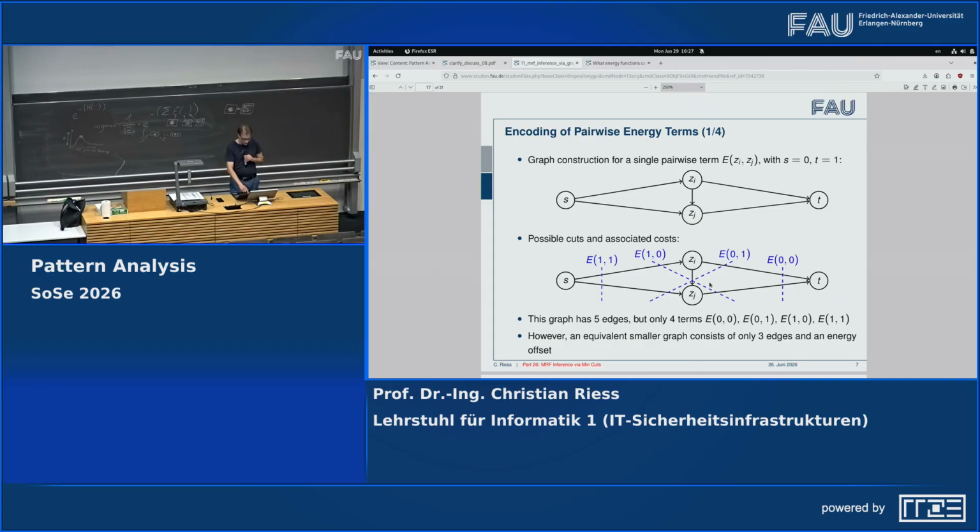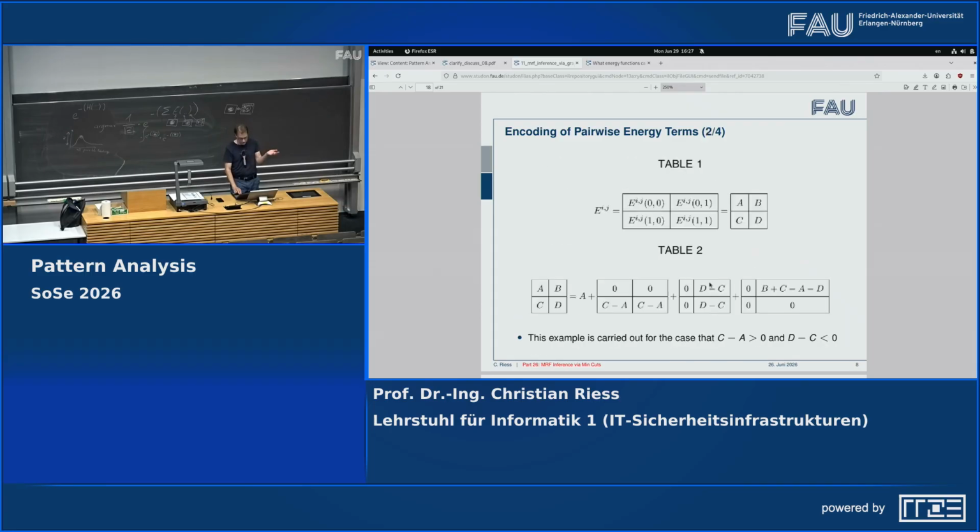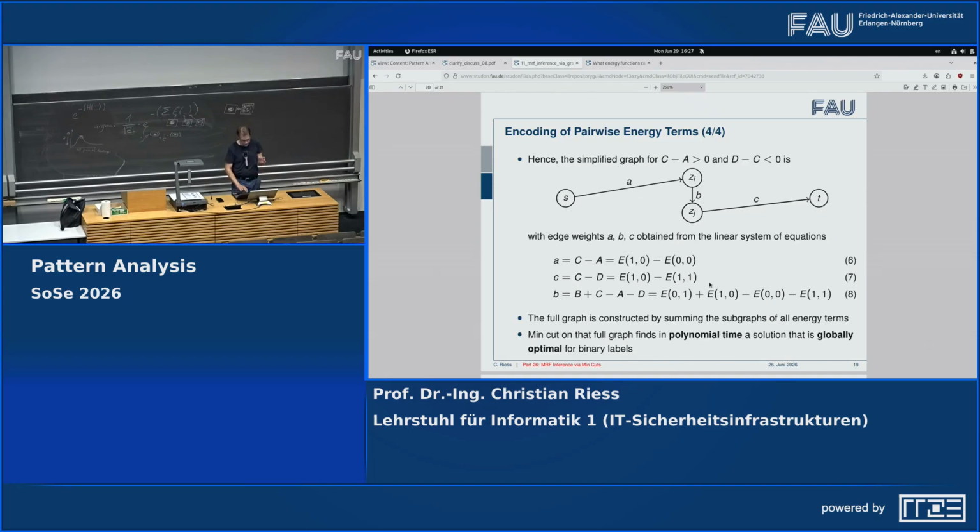But then it turns out that it doesn't need to work, because the paper is a bit obscure at this part, but let me try to skip the details and just say, for any energy term that satisfies the submodularity condition, you have a certain relationship.